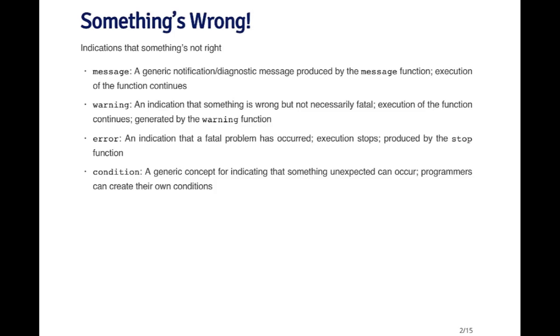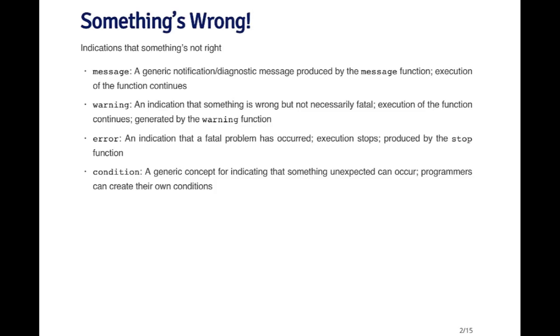And then an error is the last stop, right? An error is a fatal problem. This stops execution of the function, and error messages are produced by the stop function. And then there's a general notion of a condition, which is a higher level concept. All three of these things are conditions. You can create new conditions if you wanted to.